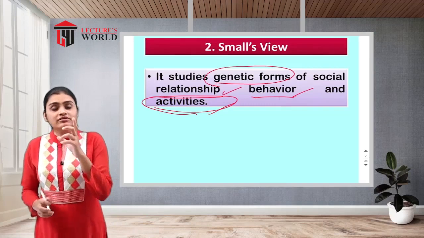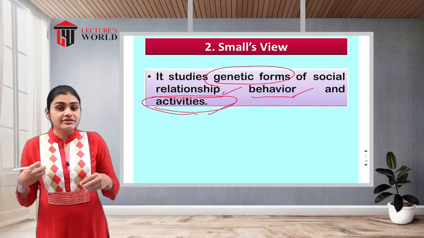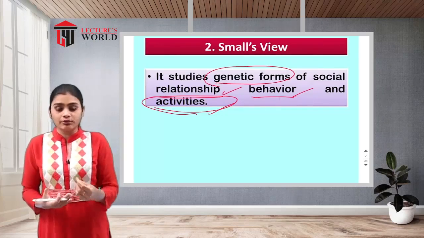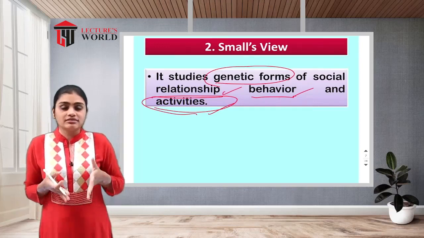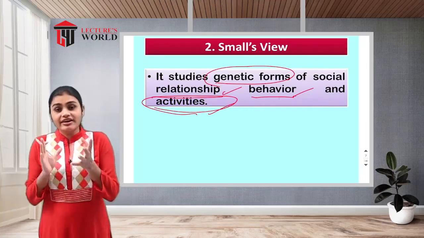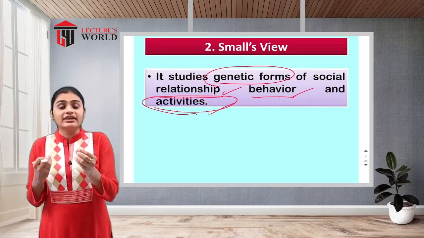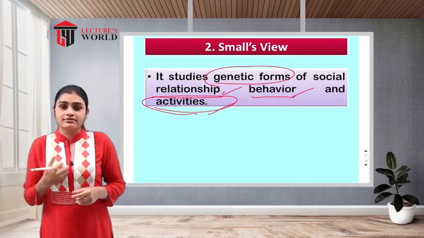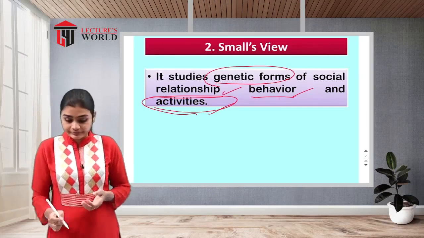How one individual is behaving with another individual and how that behavior is affecting another individual. That is behavior, the manner in which we behave, and activities, what type of activities we are doing as human beings with other human beings. So that was the genetic form of all those things, what we have in our genes and in what exact manner we behave with other individuals. That is the view of Small.